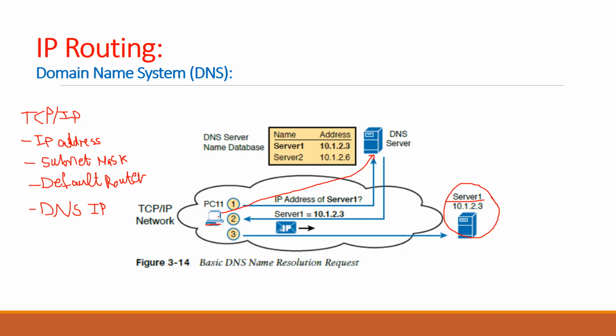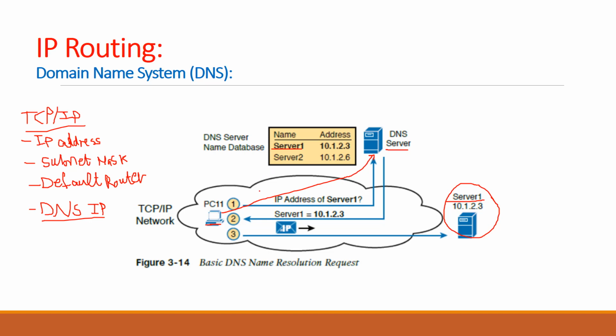So PC11 will communicate to the DNS server configured in its TCP/IP configuration, asking what is the IP address of server 1. DNS servers have a database for all host names and the corresponding IP addresses.